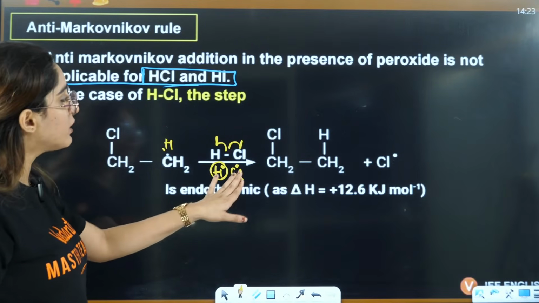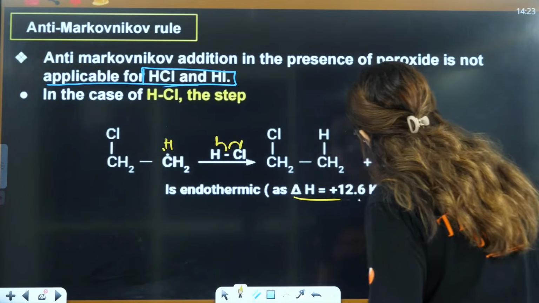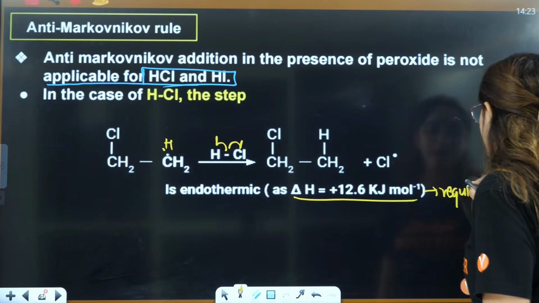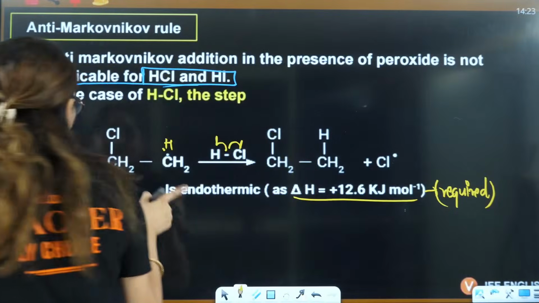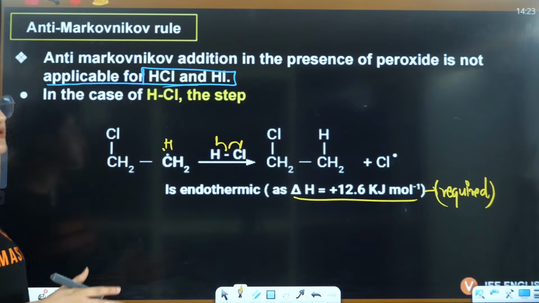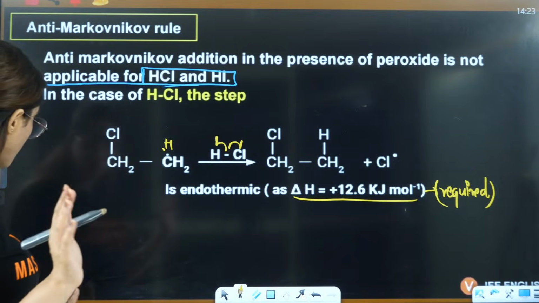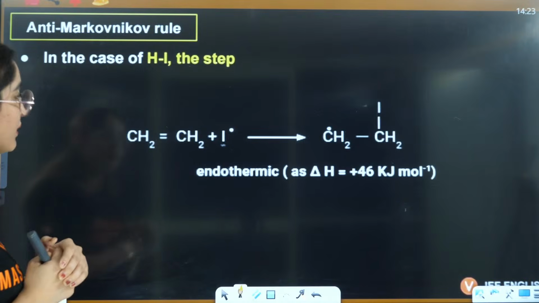But this particular step is so endothermic, a very high amount of energy is required, that this step will not take place. So that is why, for HCl, anti-Markovnikov is not applicable.